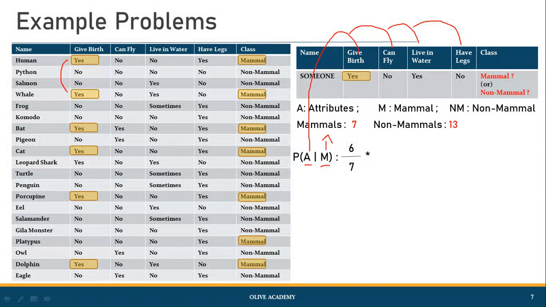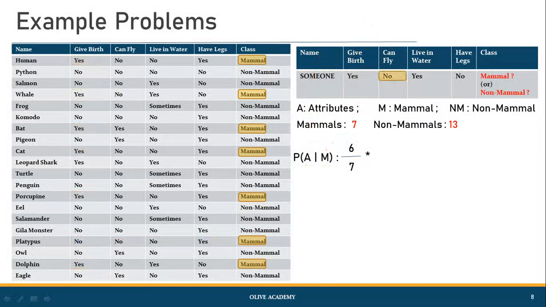Remember that this particular example is not counted because, even though it is a mammal, it is a no category, and we need to identify only based on the input. In the input, we are asked about give birth equal to yes. So we need to identify only the yes category, and how many yes values there are for a given mammal.